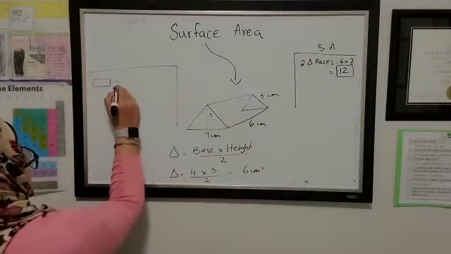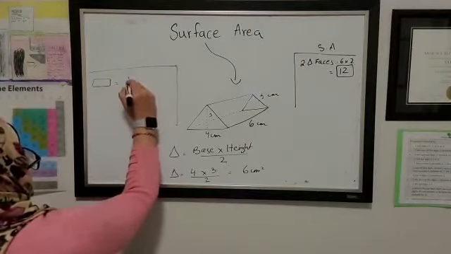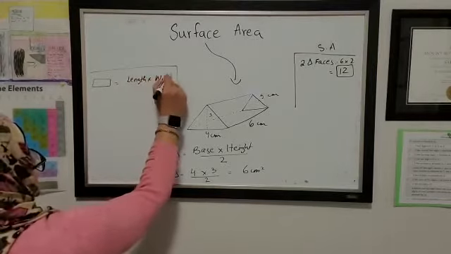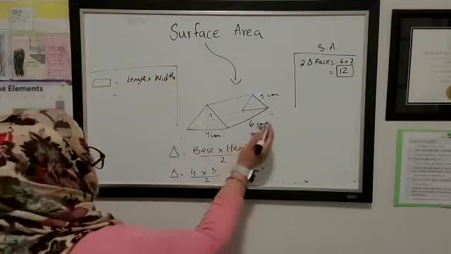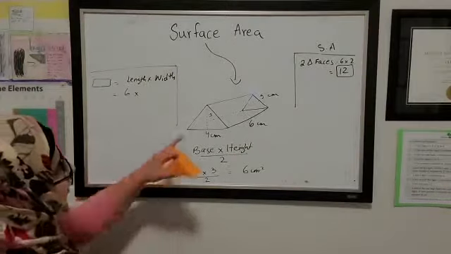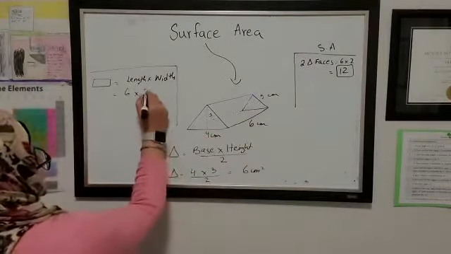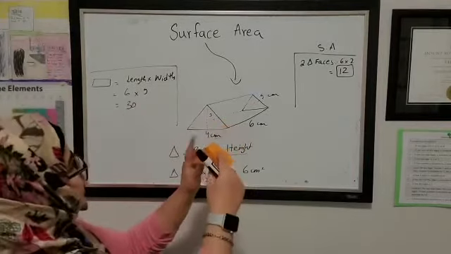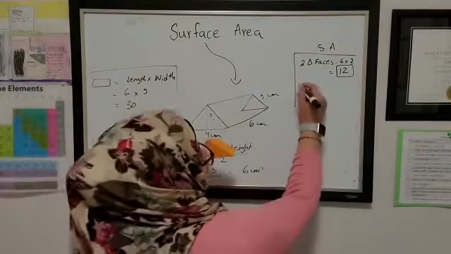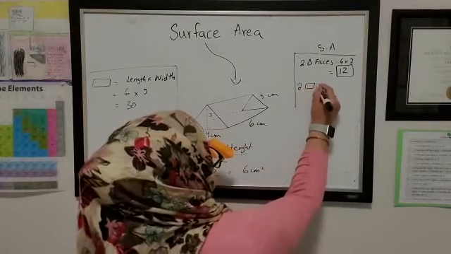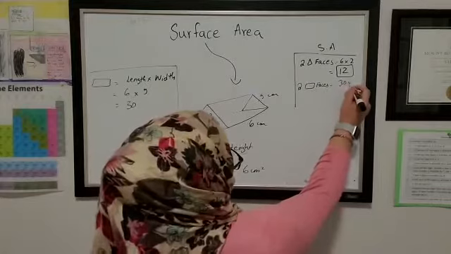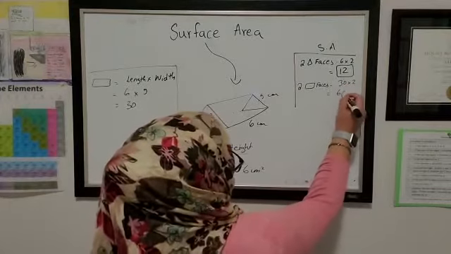The formula for the area of a rectangle is again length times width. My length is 6 and my width is 5. So 6 times 5 is 30. How many faces again? We have 2 rectangular faces, so 30 times 2 equals 60.